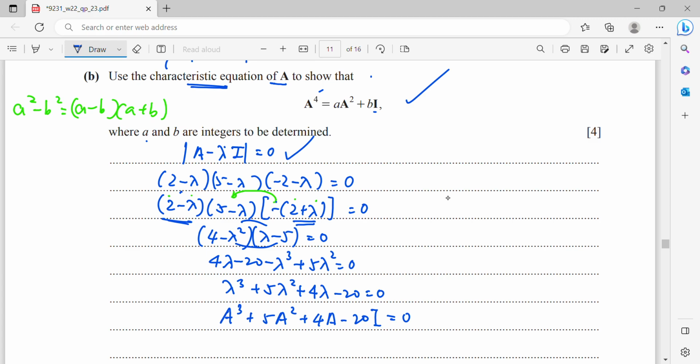All right, so from here, I can get what is my A cubed. So my A cubed is basically, okay, now I made a mistake here. This is minus lambda cubed. So I will move everything to the right side. So the lambda cubed becomes plus, then the 5 lambda squared and 4 lambda will be minus.